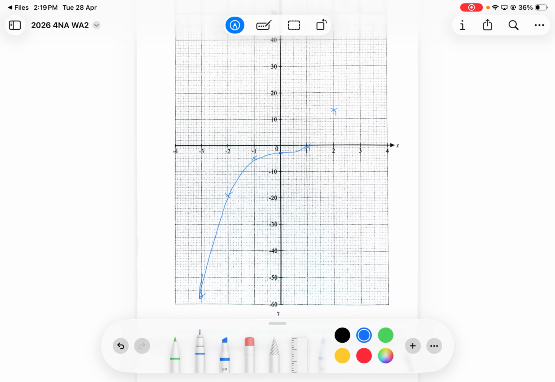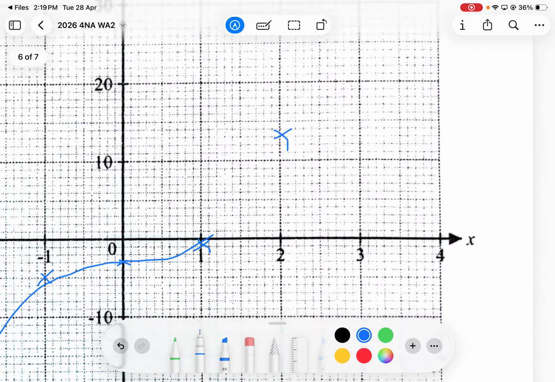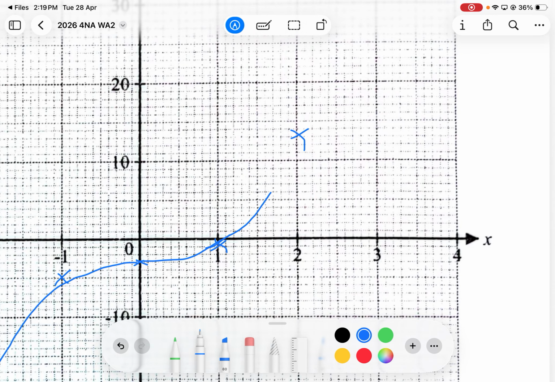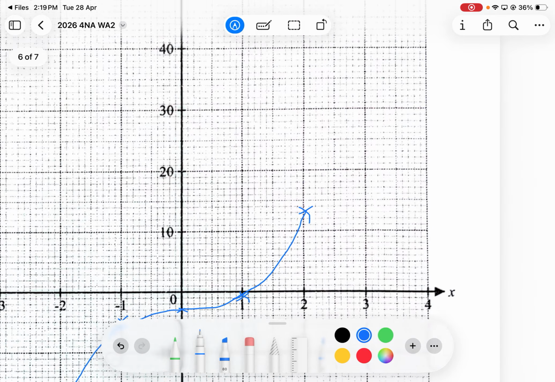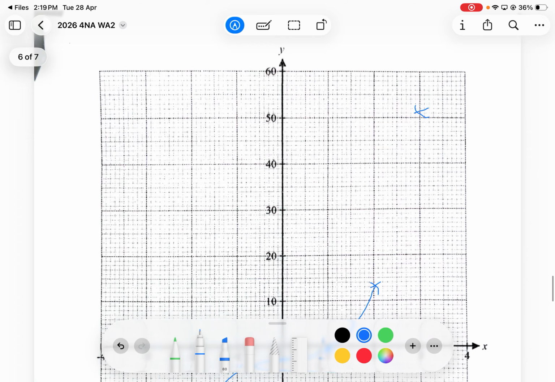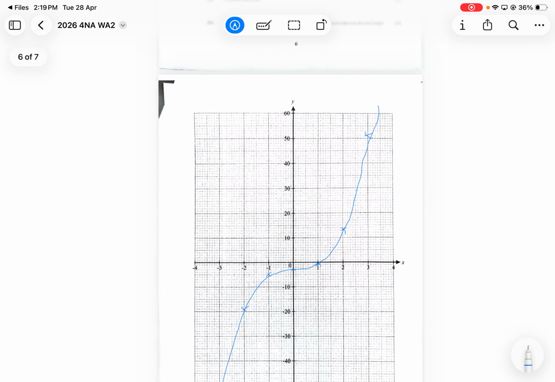Wow, really knowing already. Okay, roughly like that lah.